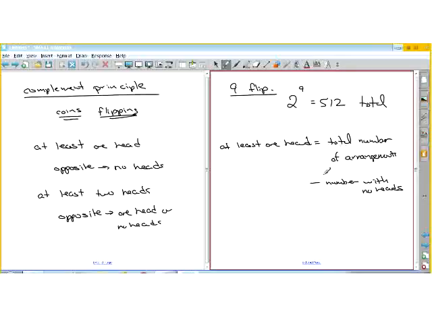So at least one head, take the total number, subtract the number with no heads, that'll get that difference. So in this case, you'll get 2 to the 9th minus 1, because there's only one case, all tails.